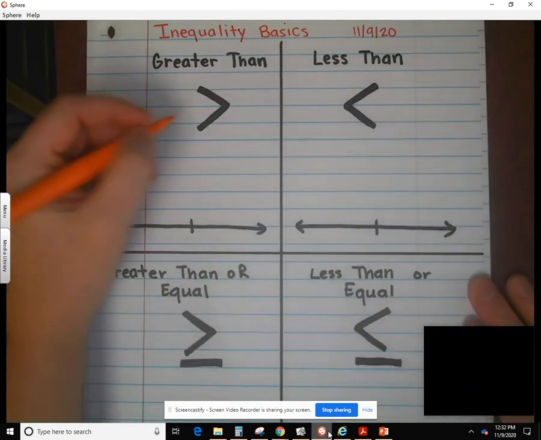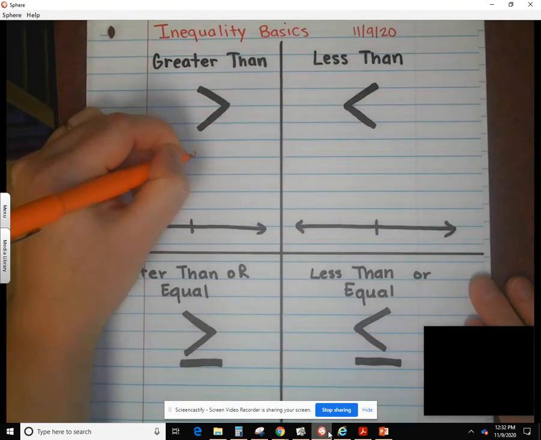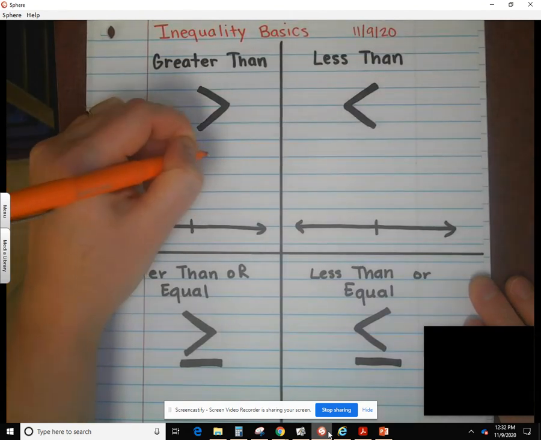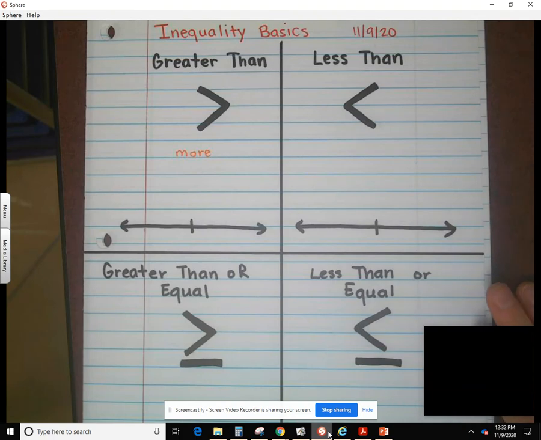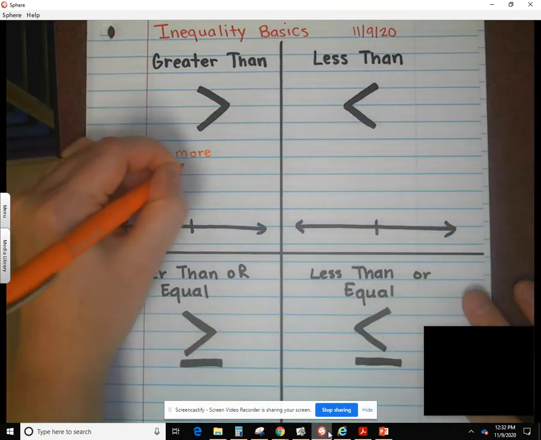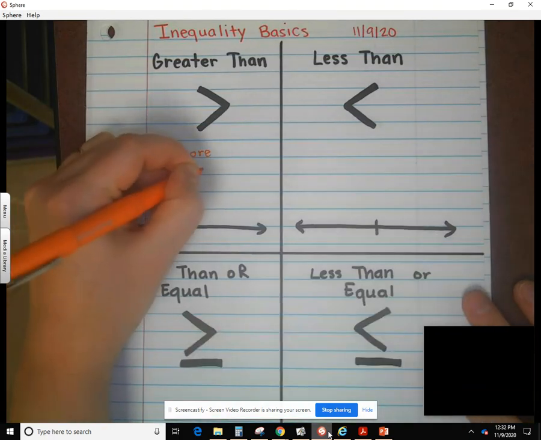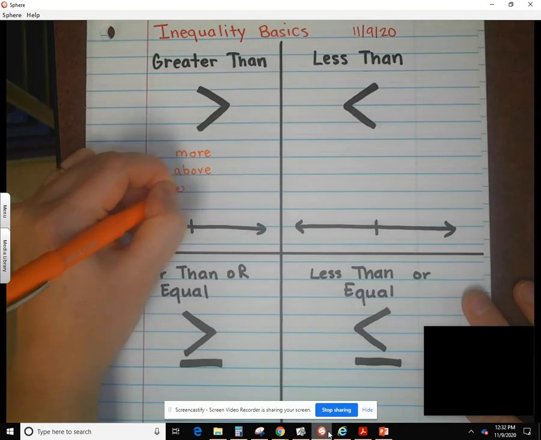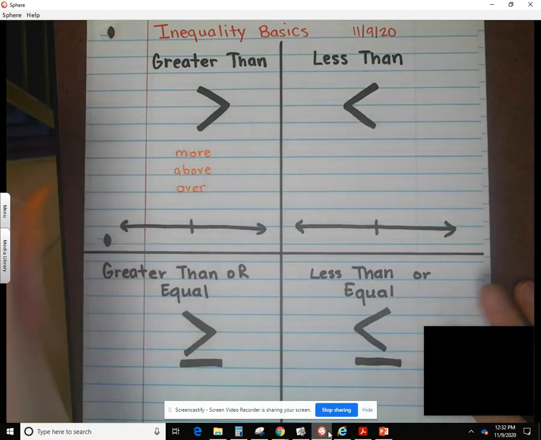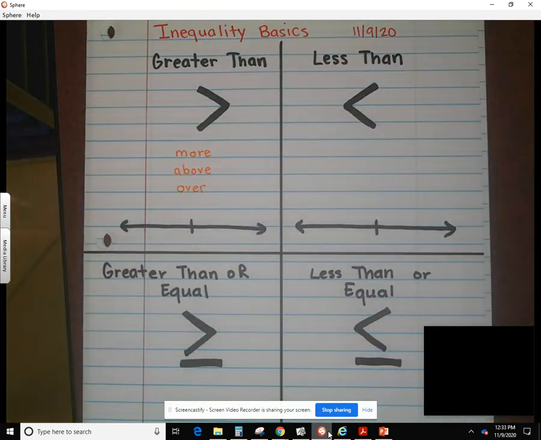Some words that you might see in a problem that would let you know that it's a greater than problem are the words more, above, or over. Those aren't the only ones, but those are some common ones you might see.